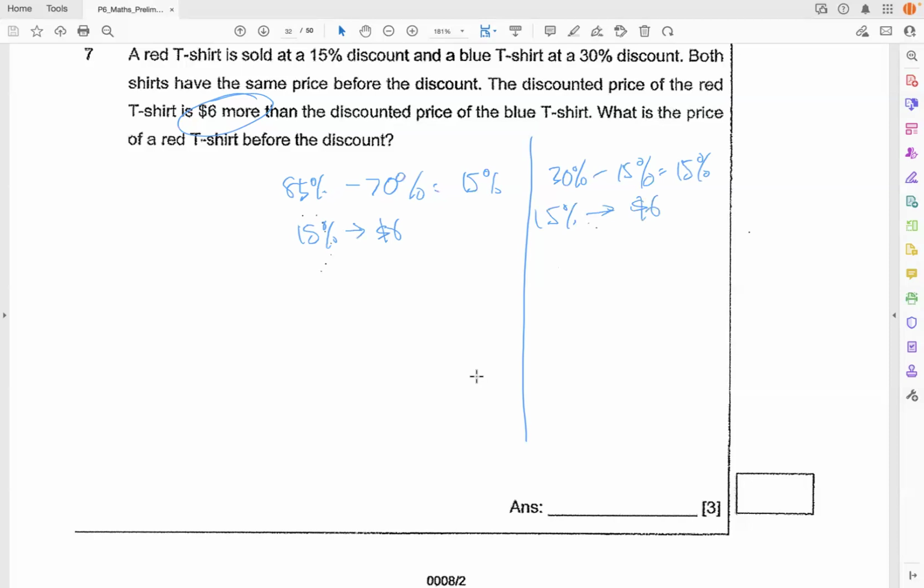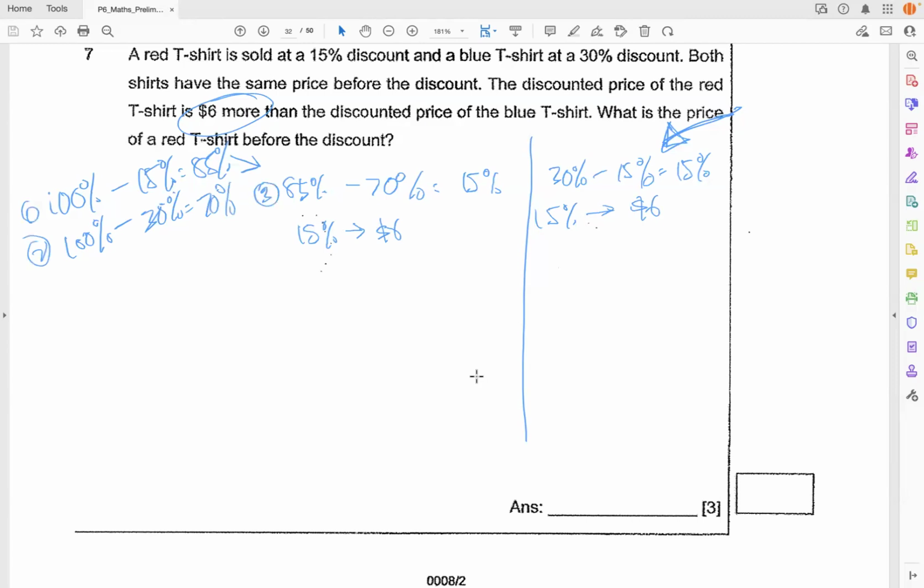I would suggest you do this method. Because if you were to do the other method, you need to do 100% minus 15% is equal to 85%, then 100% minus 30% is equal to 70%. You need to do these 2 extra steps, step 1 and step 2, before you do the 3rd step.